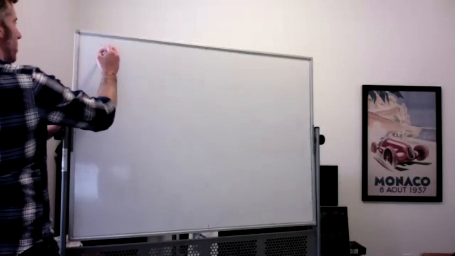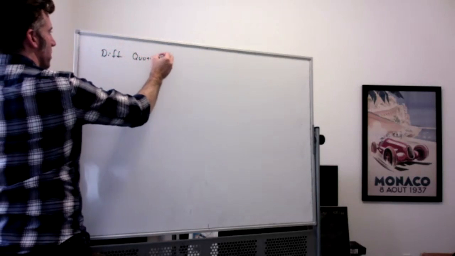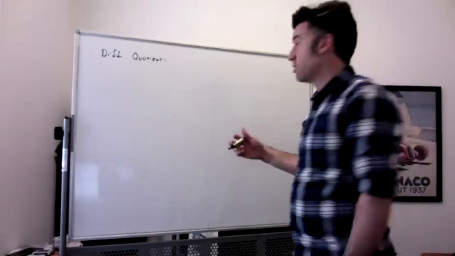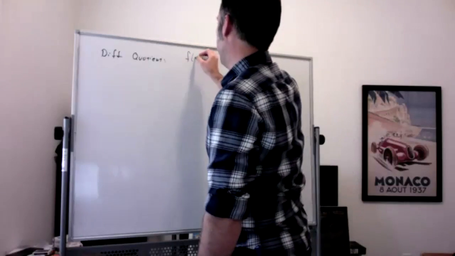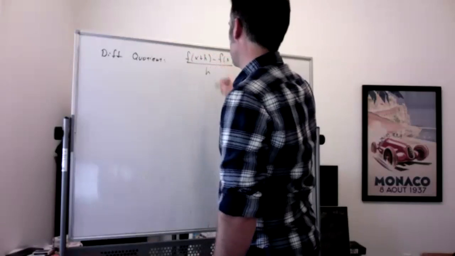So again, the difference quotient of a function. It's literally called the difference quotient because it's the quotient and each of the top and the bottom are differences. So it's f of x plus h minus f of x all over h.